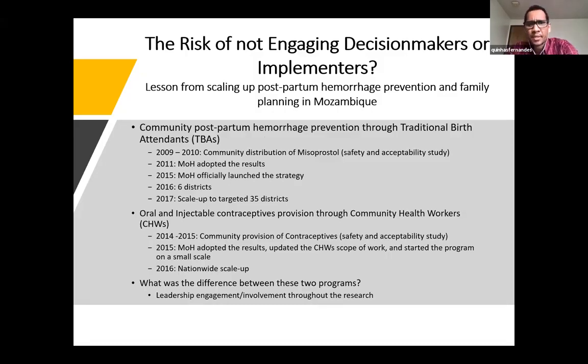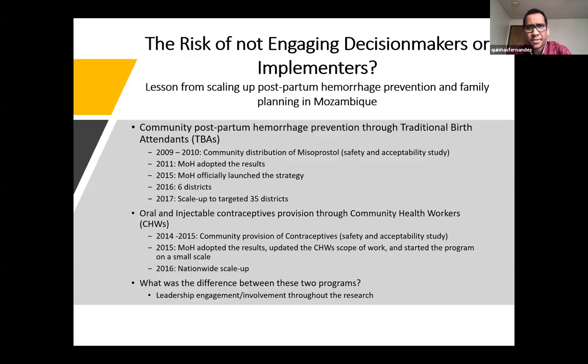I had the chance to lead the scaling up of two programs in Mozambique: postpartum hemorrhage prevention through traditional birth attendants, and the provision of contraceptives through community health workers, between 2015 and 2017, both interventions at the community level.